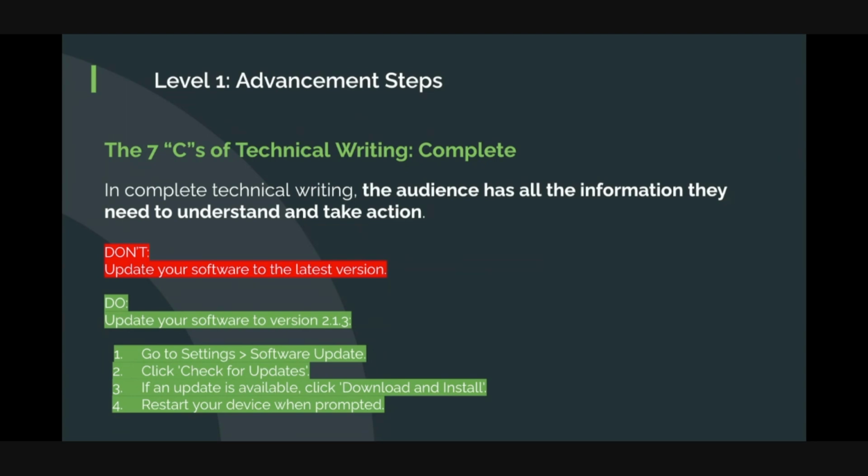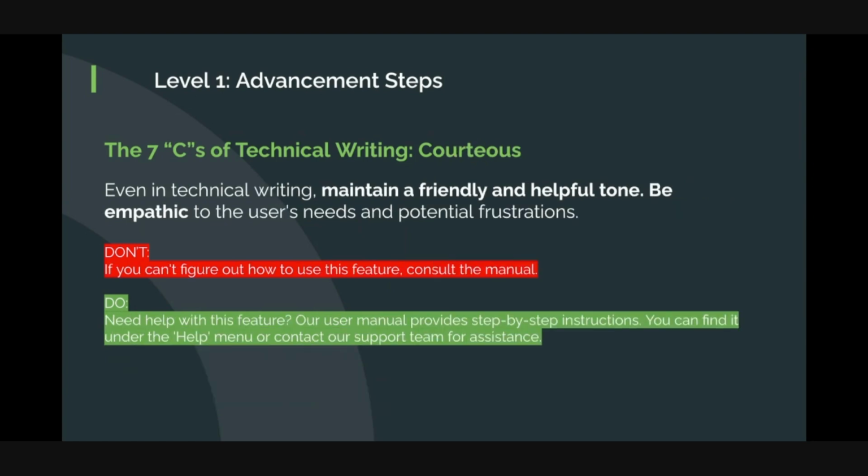And instead of suggesting to users, for example, to consult the manual only if they are stuck, you should proactively offer help by highlighting the availability of the different resources. You should tell your users exactly where they can find the user manual or the contact us form or the solution, making it easier for them to access the information or the solution they might need.